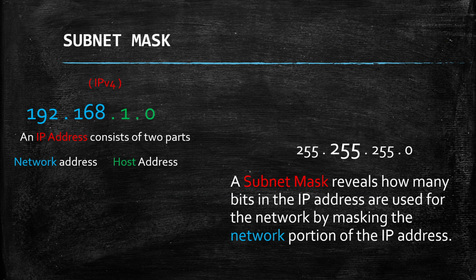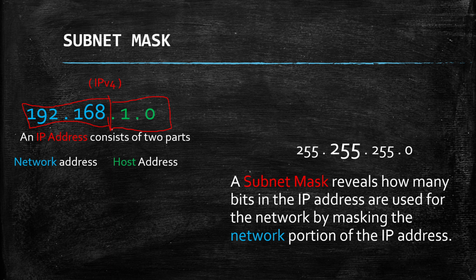First, subnet mask. This is the IP address, the IPv4 address. It is divided into two parts. This is the network part, which identifies which network a particular host belongs to. The next part is the host, which is the host number once we identify the network.